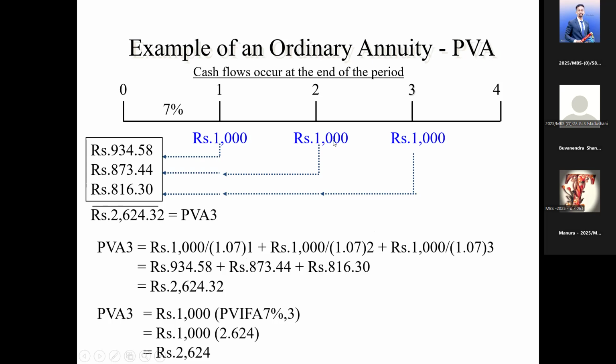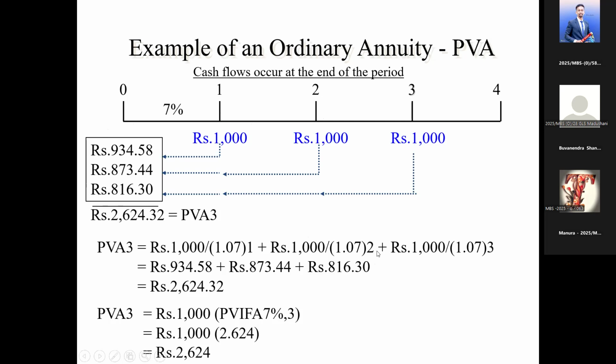The 1,000 at the end of year 2 is discounted 2 years to bring it to time 0. Always in cash flow estimation, today is considered as time 0. Right? We consider today as time 0. So to bring this value to time 0, you need to discount this 1,000 rupees 2 years, that is divided by 1.07 power 2.